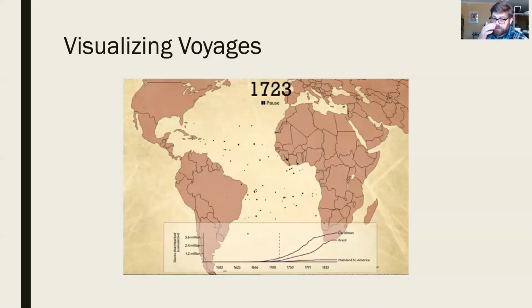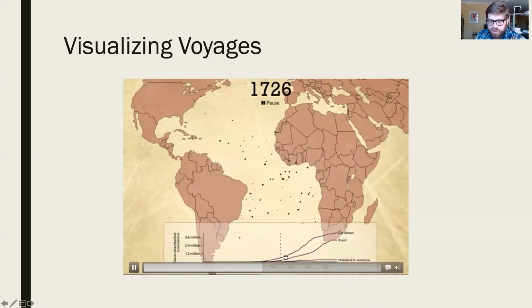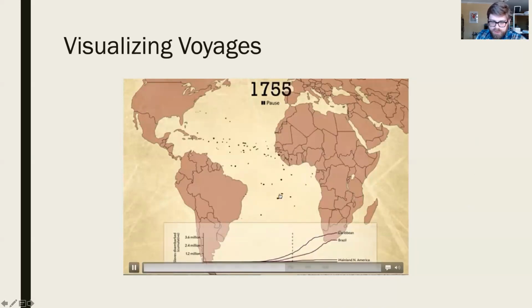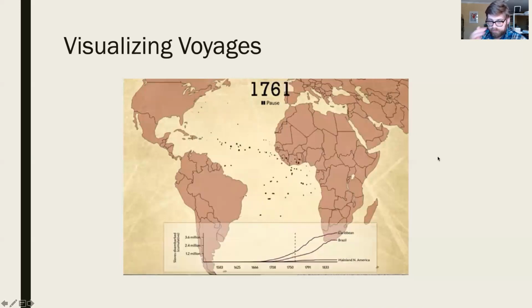And you can see down here, the total scope starts to increase rapidly around now, in the mid 1700s. And as you watch this video, it starts to become constant from Angola and Congo towards Brazil, and from West Africa towards the Caribbean.